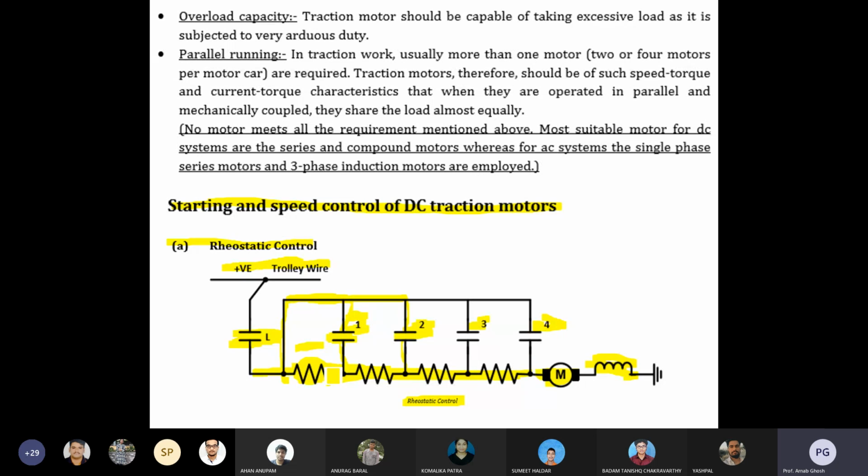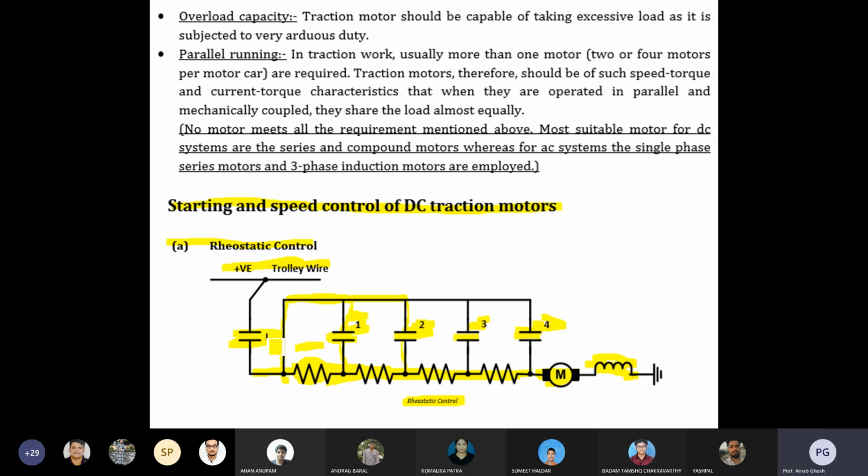Then you want to go for rheostatic braking or dynamic braking. When doing dynamic braking, you have to think about how much maximum resistance you can add. You turn on all the switch contacts, 1, 2, 3, 4, and turn off the trolley contact.